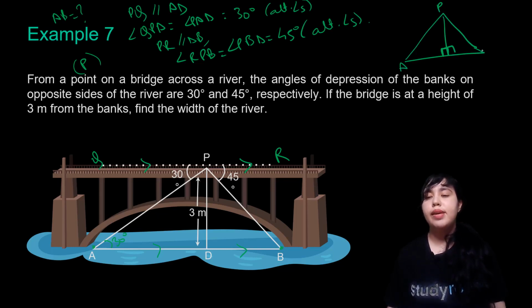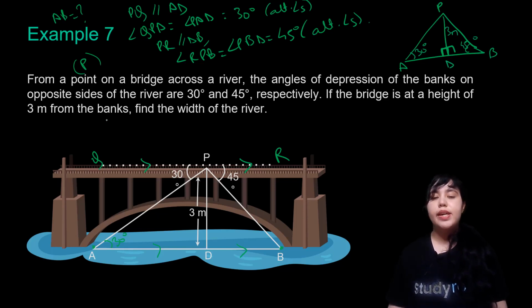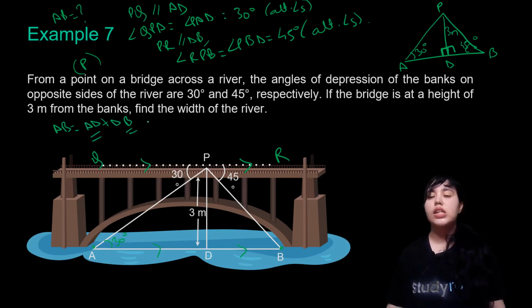So this is AB, the two banks, and here we are seeing this angle is 30 degree, this angle is 45 degrees, this is 3 meters, and this is D. So in order to find AB, AB is what? AD plus DB. So if you get these two lengths, you will be able to find AB by adding them up. So consider triangle APD.